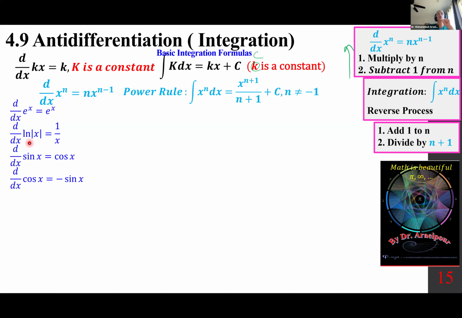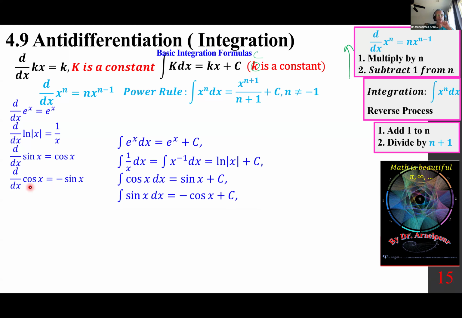The derivative of natural log is 1 over x. So the integral of 1 over x must be natural log and a constant. The derivative of sine is cosine, so the integral of cosine must be sine and a constant. The derivative of cosine is negative sine. So the integral of negative sine must be cosine. That means the integral of sine must be negative cosine and a constant.